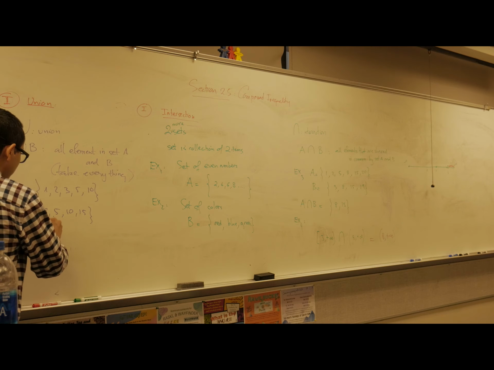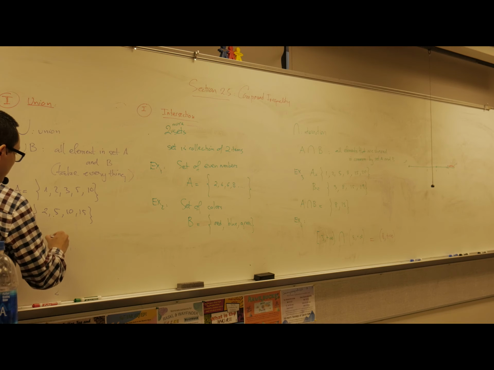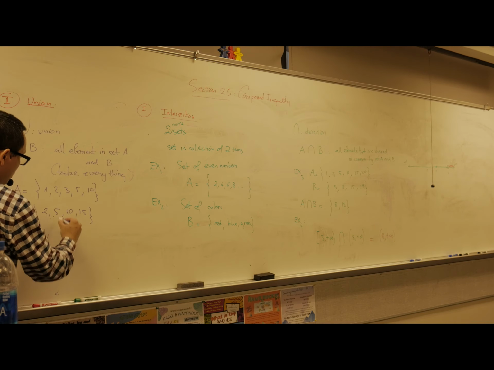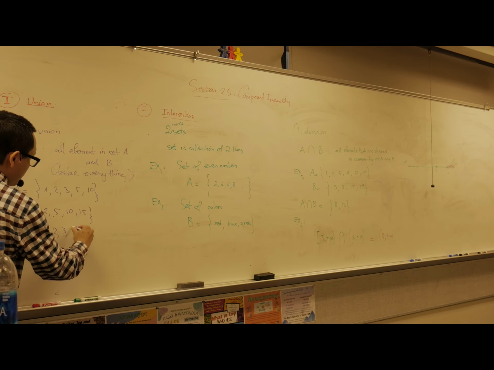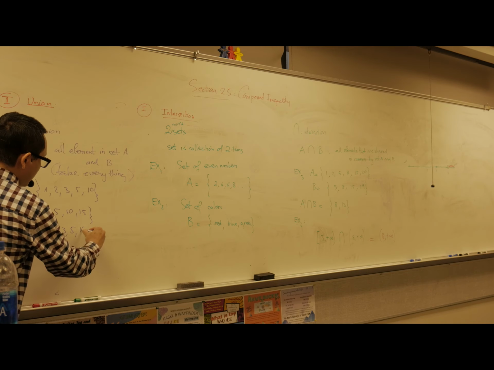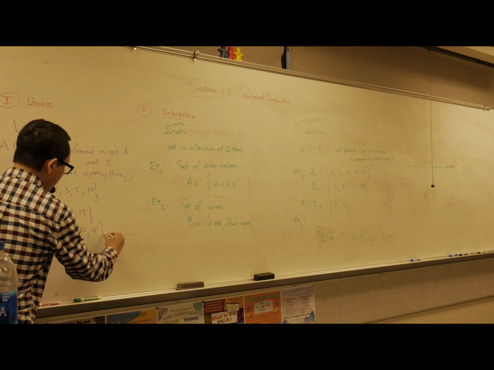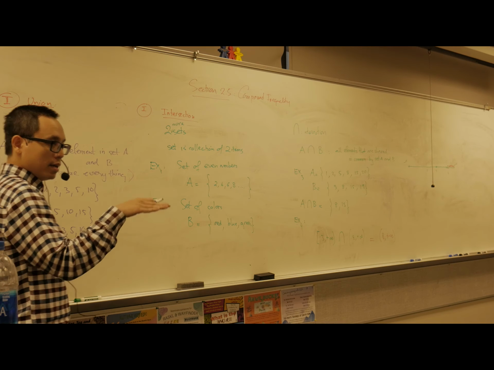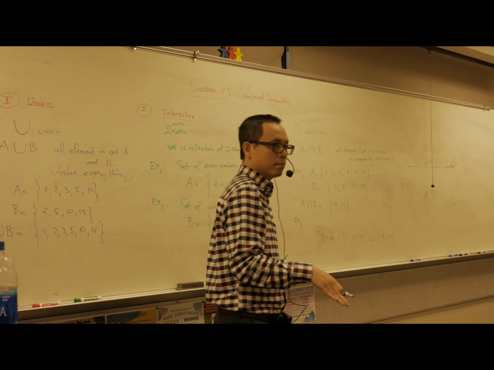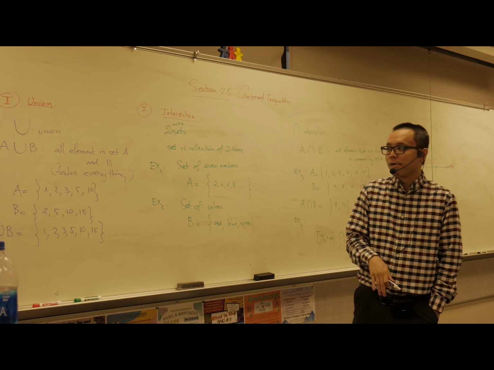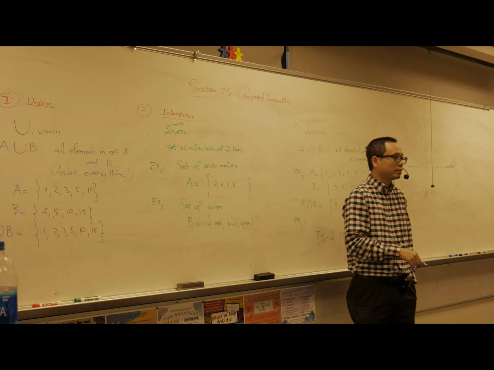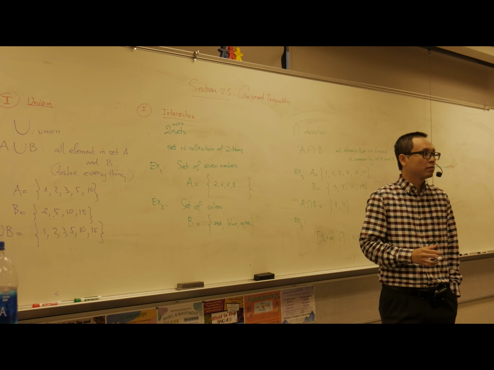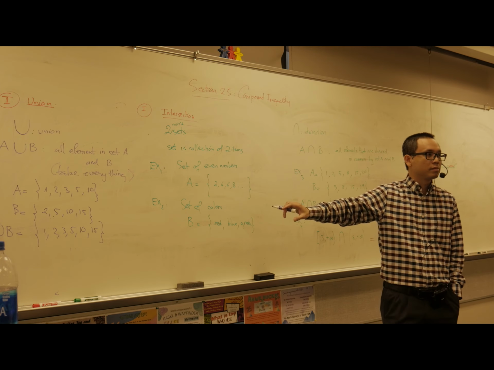So the union means you take everything: 1, 2, 3, 5, 10, and 15. It means you take everything from set A and from set B. Good? Any question here? Good.